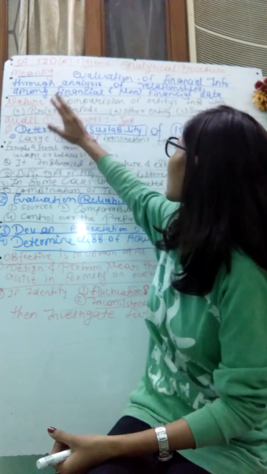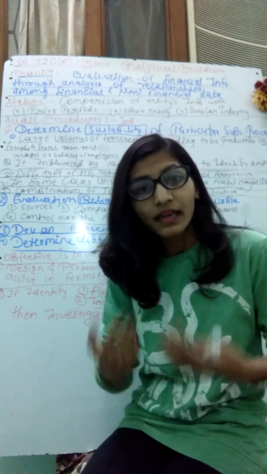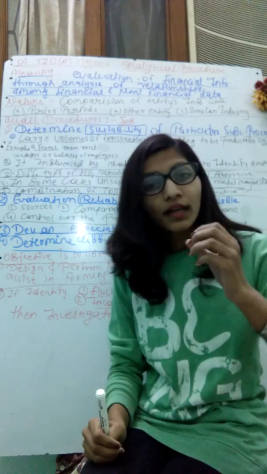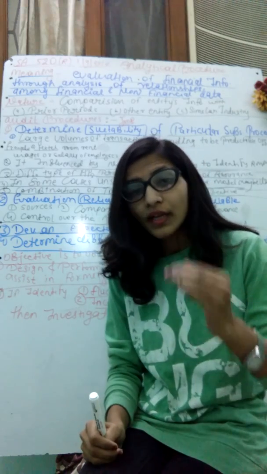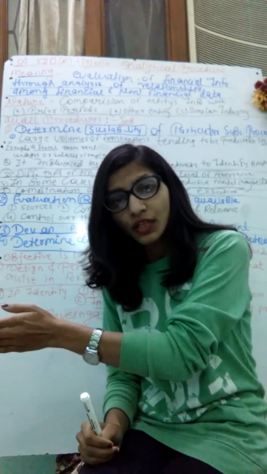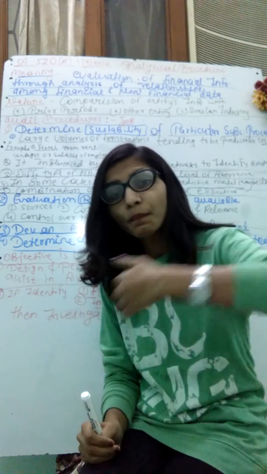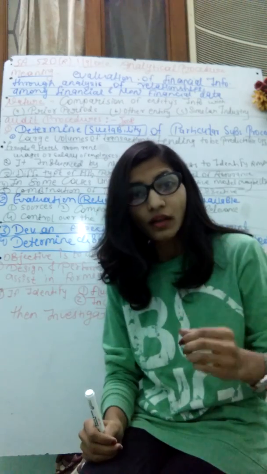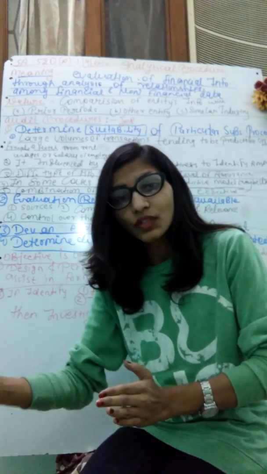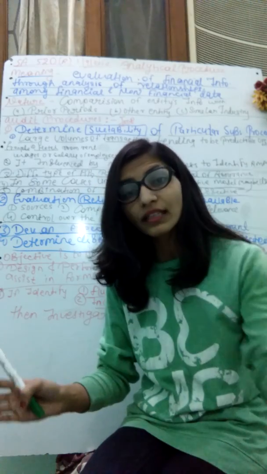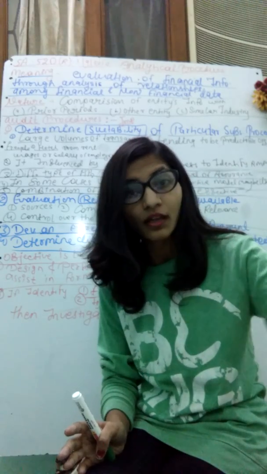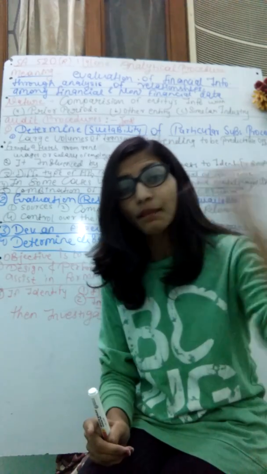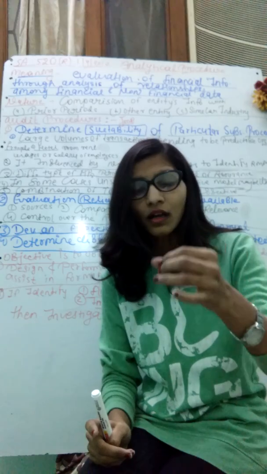Nature: where we apply and how we apply the analytical procedure. We compare this entity's information with this entity's previous year's information or prior period's information, or we compare this entity's financial information with the other entity's financial information, or we compare this entity's information with similar industry information.